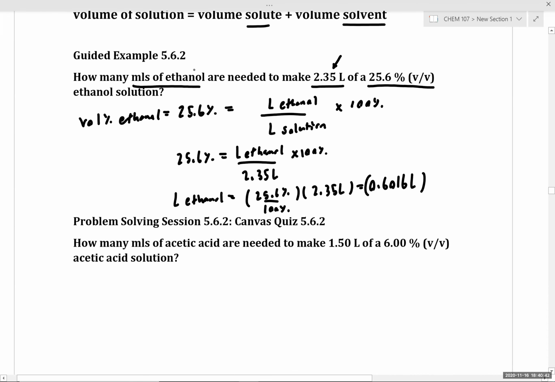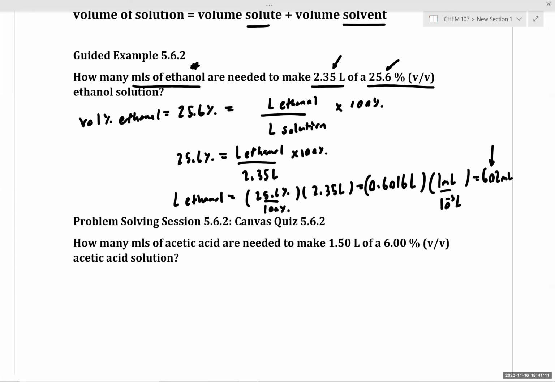Keep in mind, the question is asking for the volume in milliliters, so we need to convert. In 1 milliliter, there are 10 to the negative third liters. That gives us 602 milliliters. Why do we have 3 sig figs? Both of our inputs have 3 sig figs.